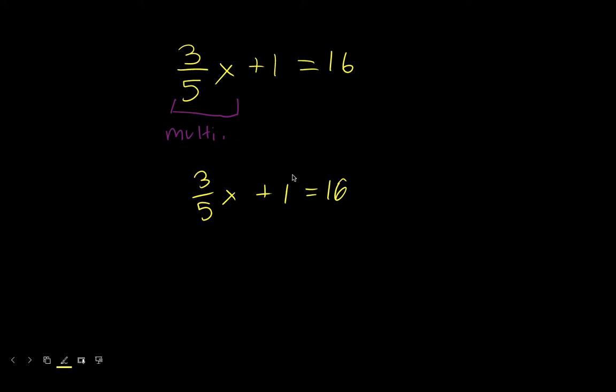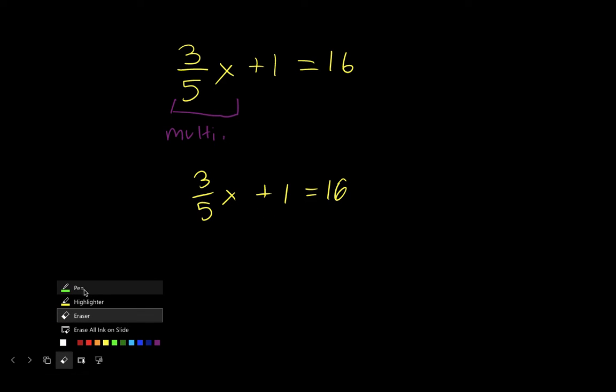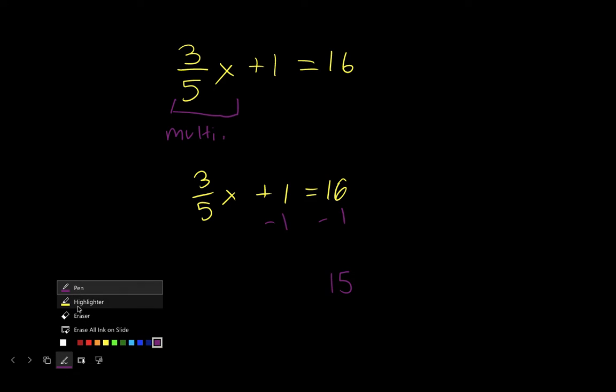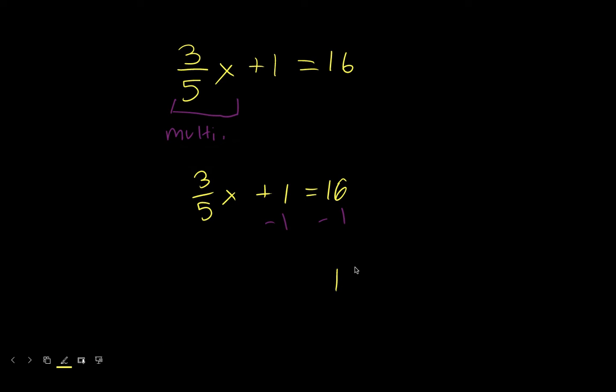But first, before we do any of that, we have to get rid of this 1. So we're going to move that to the other side. Very simple. 16 minus 1 is 15, and that's equal to 3 over 5x.